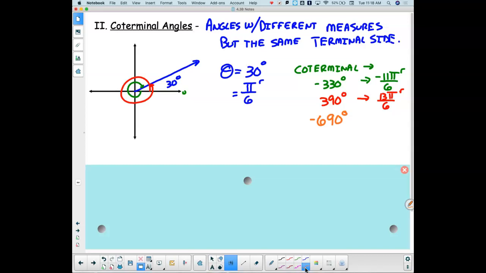Give me another one. 750 degrees. How are we getting those coterminal angles? How do we find a coterminal angle?